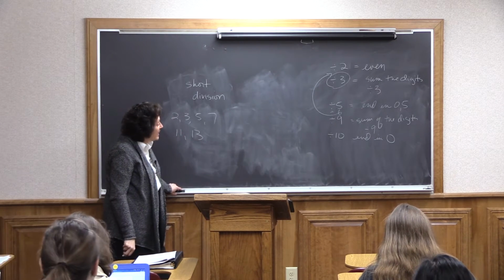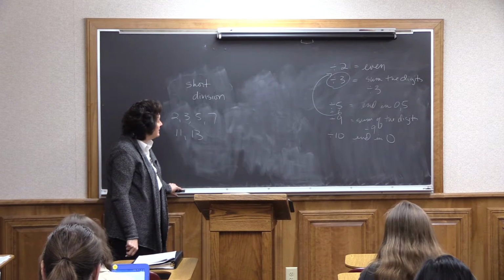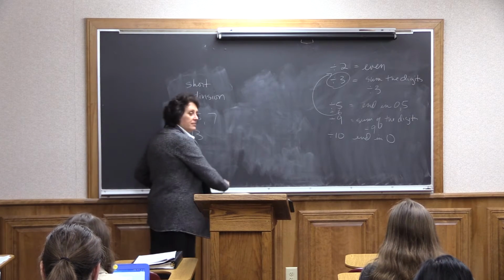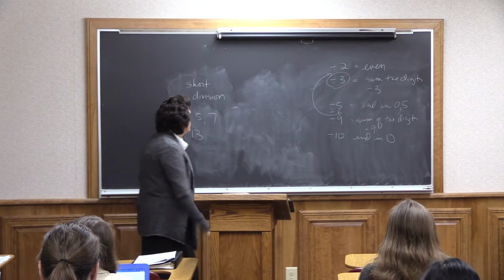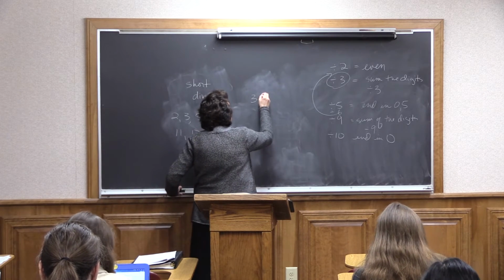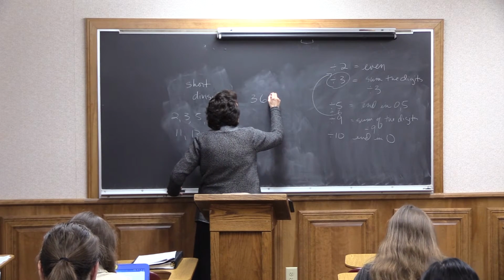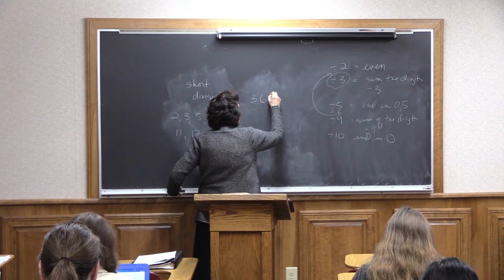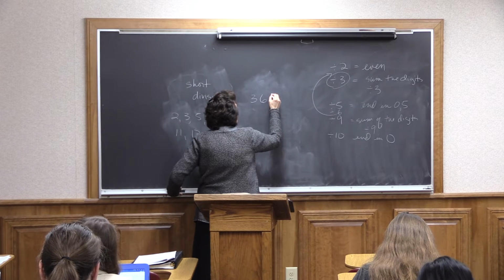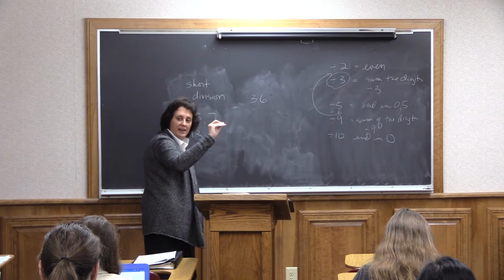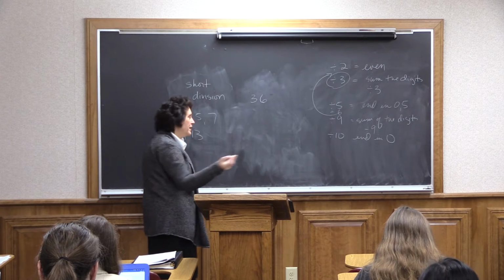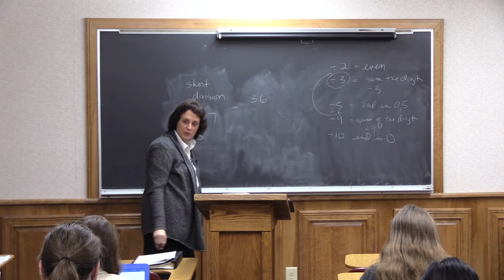Okay, let's say that the number is, well, we're going to do 3, 6, and then I want the sum of the digits to divide by 9 so that I can make a number that is a multiple of 9.